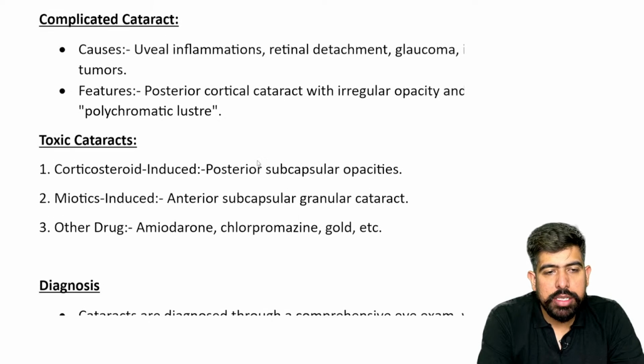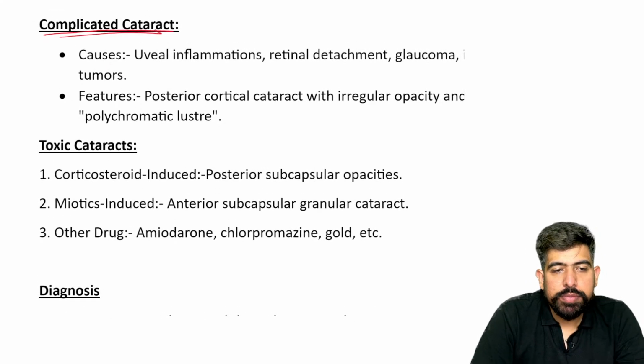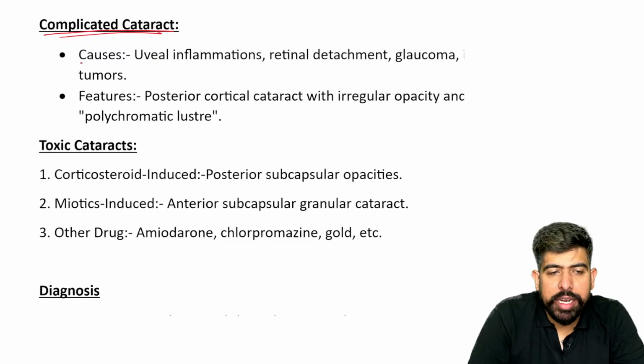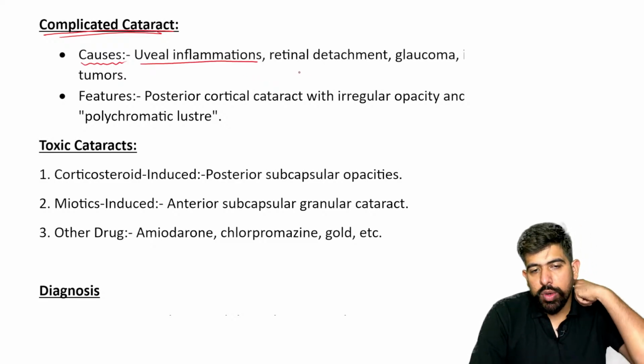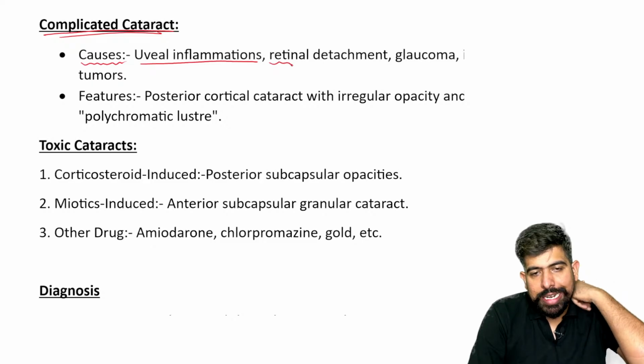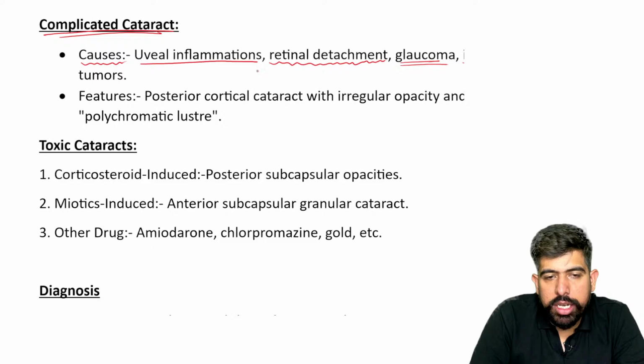Some more cataracts are left, like the complicated cataract. What do we mean by complicated cataract? Causes include uveal tract inflammation, which is known as uveitis, as well as retinal detachment, glaucoma, and intraocular tumors.